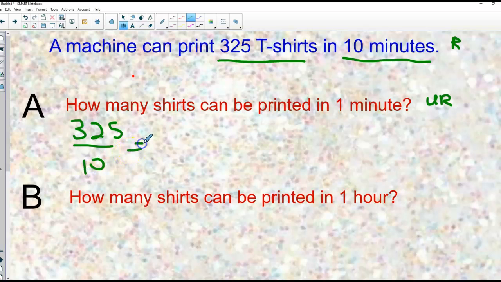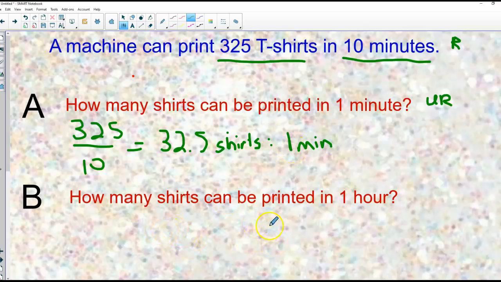And you'll figure out that it can print 32.5, which is like saying 32 and a half shirts, right? So that is our unit rate, right? In 1 minute. I said that wrong. I'm sorry. In 1 minute, it does 32 and a half.